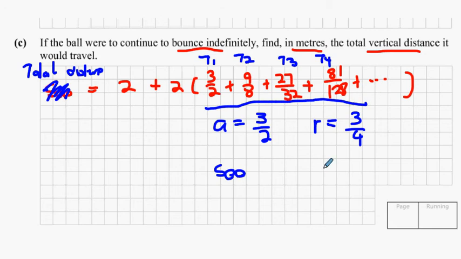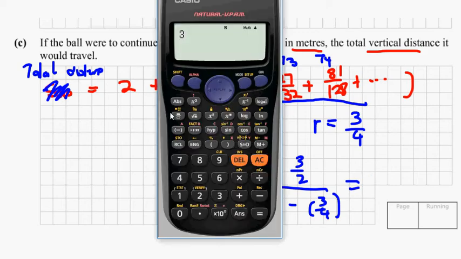Okay, so S infinity equals 3 over 2 divided by 1 minus 3 quarters. Okay, now that's going to equal, we'll find out now. 3, yeah.